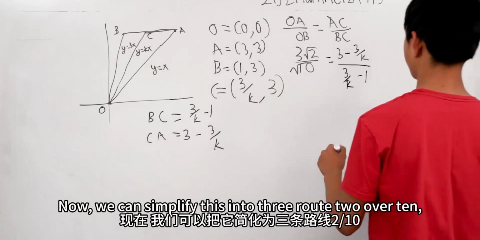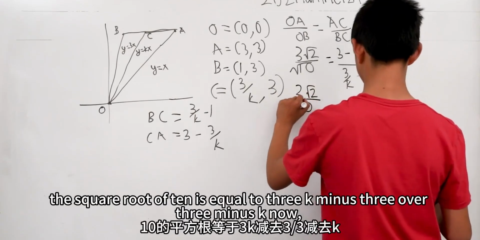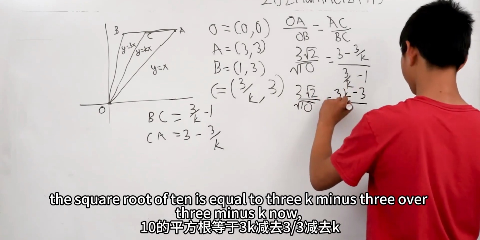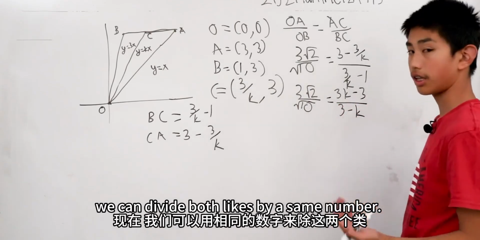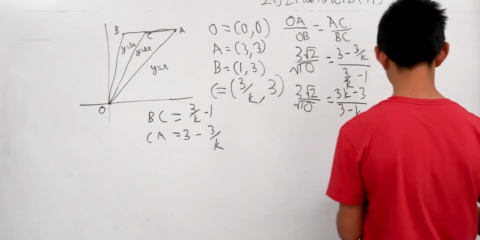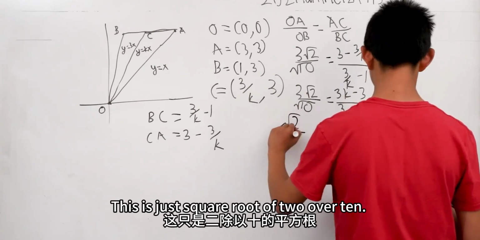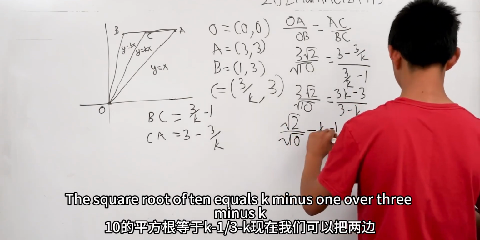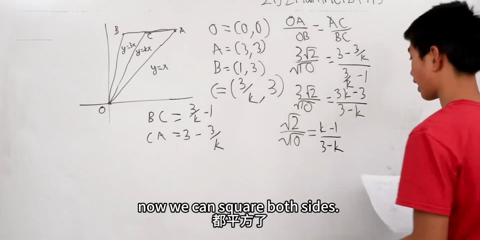Now, we can simplify this: 3 root 2 over the square root of 10 equals 3k minus 3 over 3 minus k. Now, we can divide both sides by the same number here. We can get rid of the 3. So this is just root 2 over the square root of 10 equals k minus 1 over 3 minus k. Now, we can square both sides.